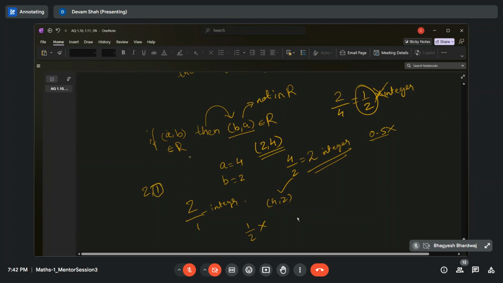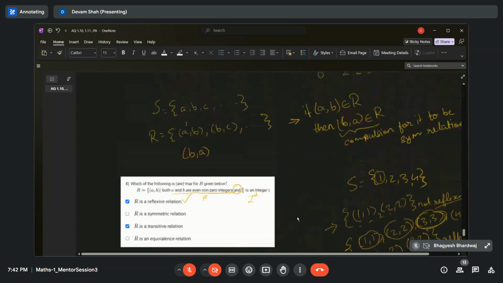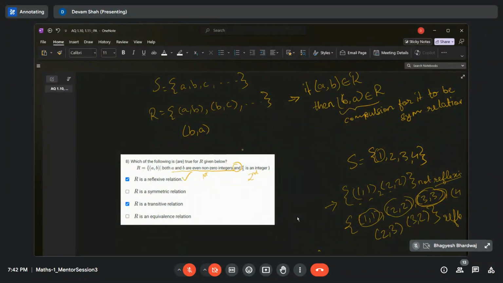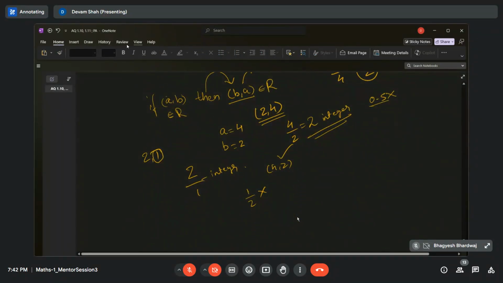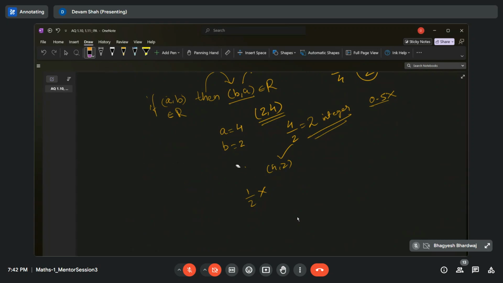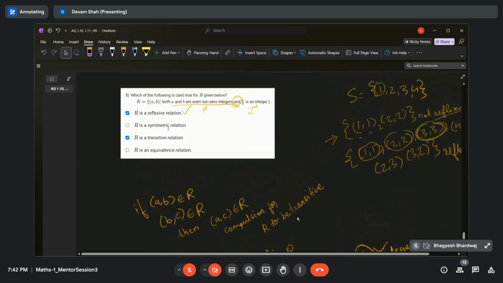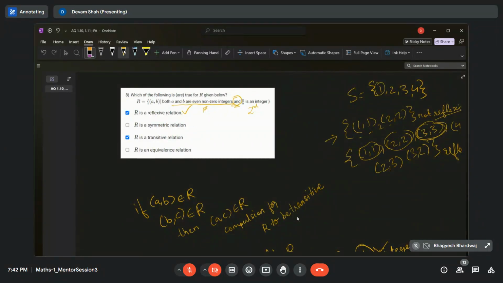So be careful while taking examples. Try to fulfill all the conditions given in the question, when there is an "and" here. So that's why in this question, the relation will not be symmetric. So this is false.